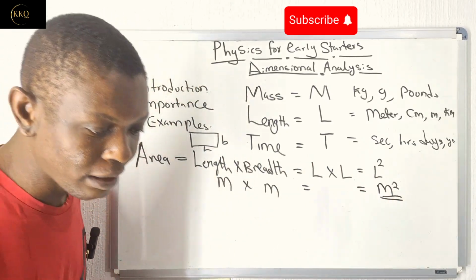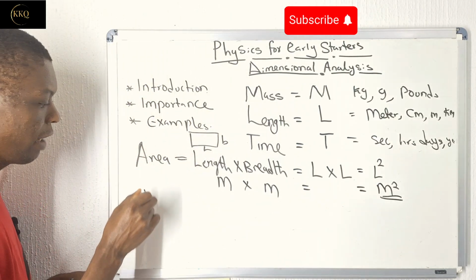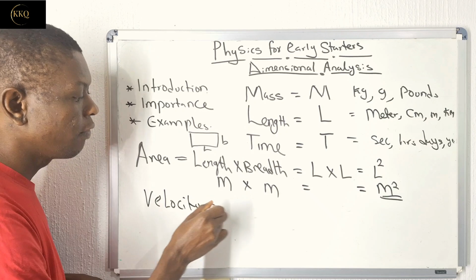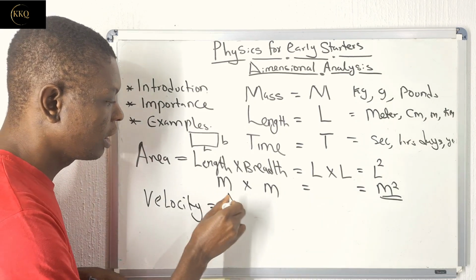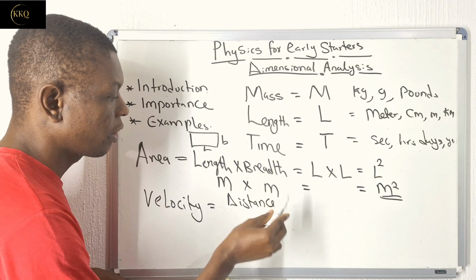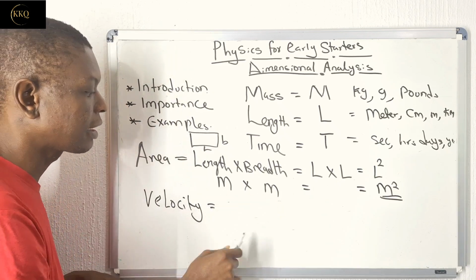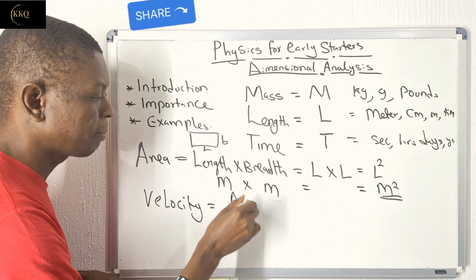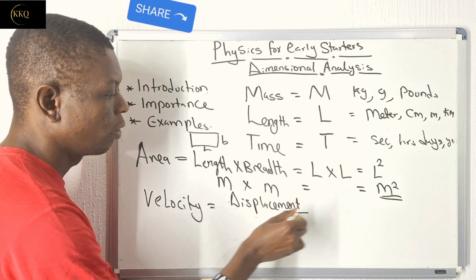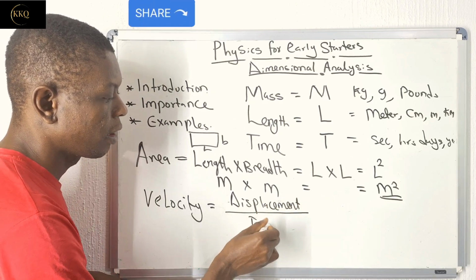Now, another one, velocity. We know that velocity is displacement over time. Speed is distance over time, but velocity is displacement over time.